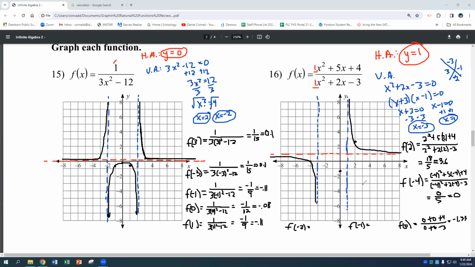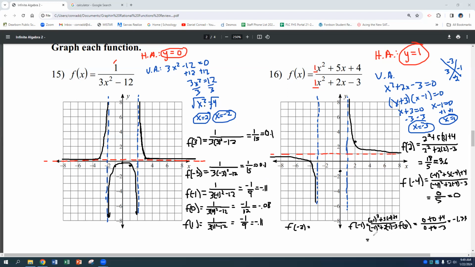All right, -1. Let's see, we got -1 squared plus 5 times -1 plus 4 all over -1 squared plus 2 times -1 minus 3.